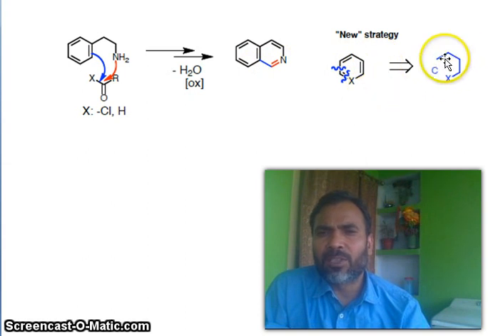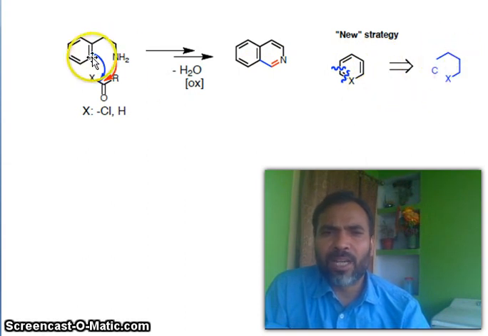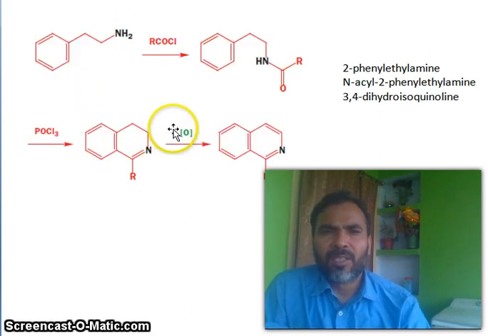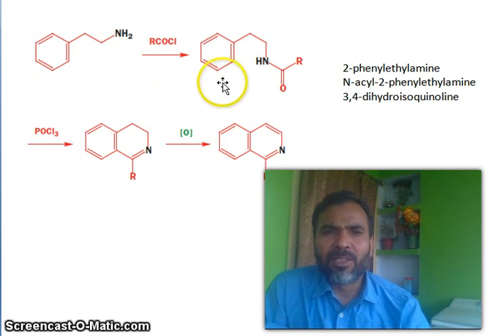So 1, 2, 3, 4, 5 center is coming from one, 1, 2, 3, 4, 5 center is coming. Only this carbon is coming from the aldehyde or acid. This is a very good reaction for the synthesis of isoquinoline. Just remember it and practice it, because it will come in examination most of the time.